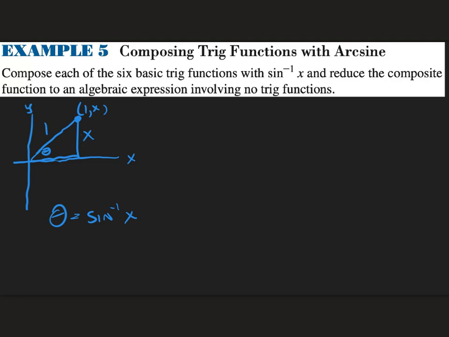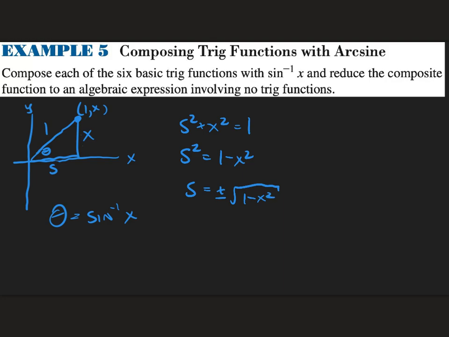And we're going to use the letter S for this side. According to the Pythagorean theorem, s squared plus x squared equals 1. So s squared equals 1 minus x squared, and then s equals plus or minus the square root of 1 minus x squared.